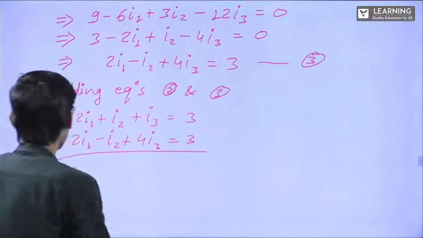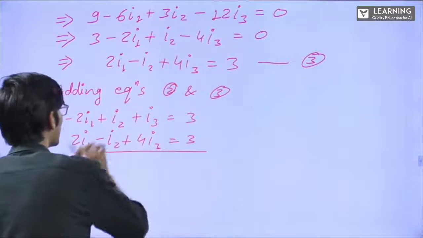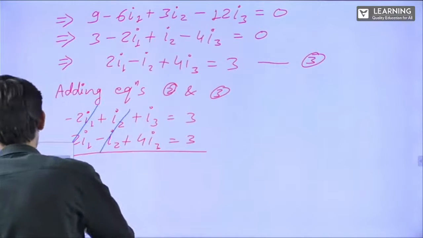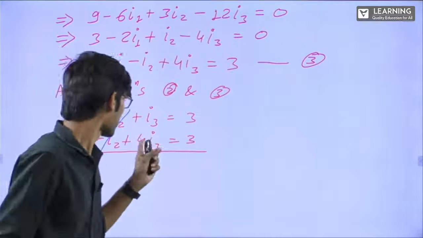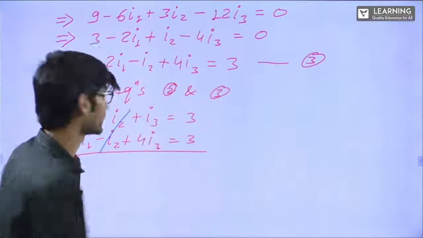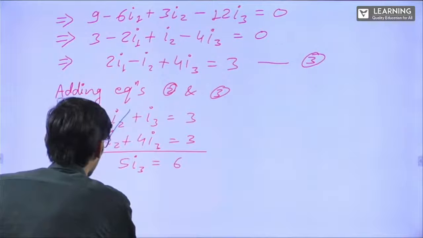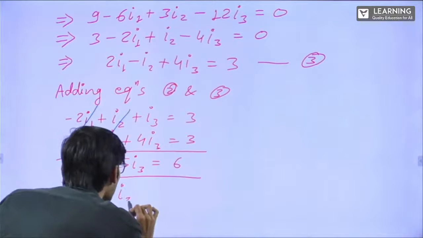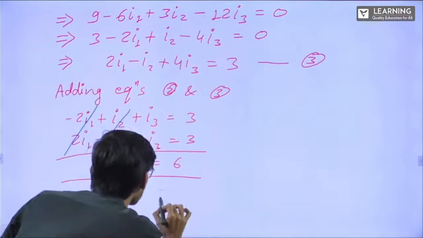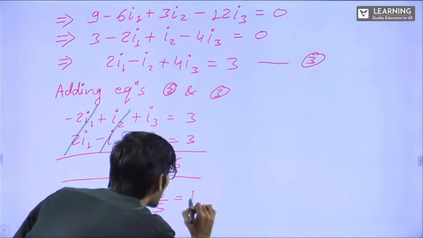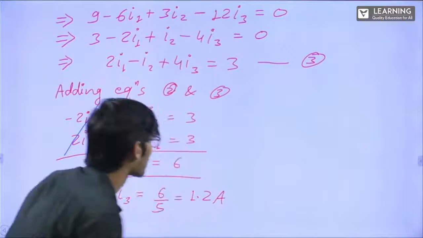Adding both, these two will be subtracted. 4 I3 plus I3, 5 I3 is equal to 6. From here, I3 is equal to 6 by 5, that is 1.2 ampere.